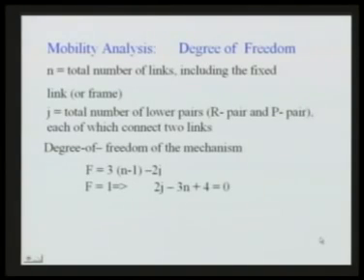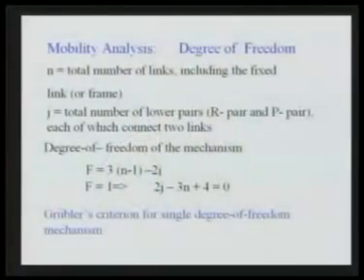So, for a single degree of freedom mechanism maintaining a unique input-output relationship, the number of links and the number of lower pairs must be related by this equation, that is 2j minus 3n plus 4 equal to 0. This equation is called Grubler's criterion for single degree of freedom mechanism.